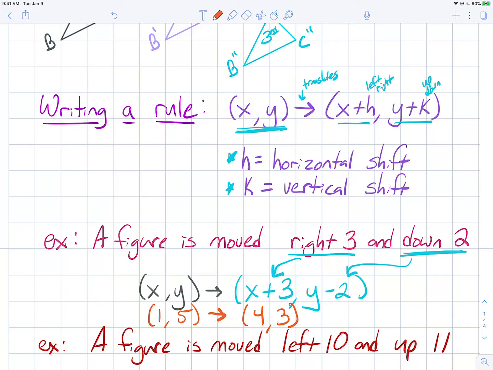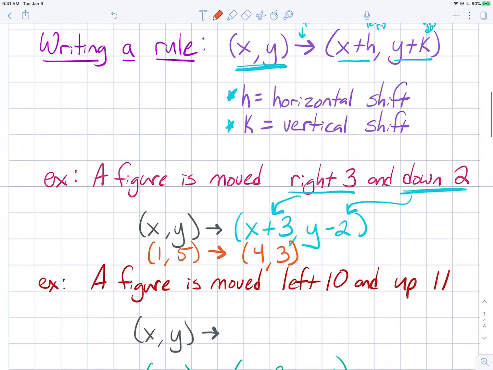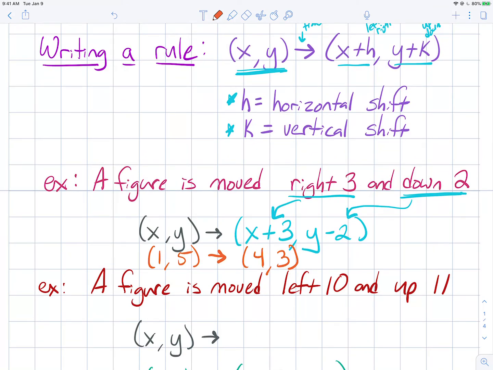If I asked you to move a figure left 10 and up 11, moving it left 10 means I'm moving in the negative direction on the x-axis. So I'm going to go x minus 10. And up 11 means I'm moving in the positive direction, so it'd be y plus 11.